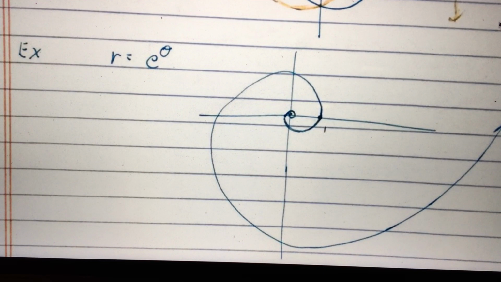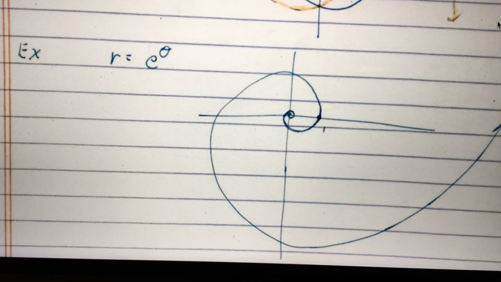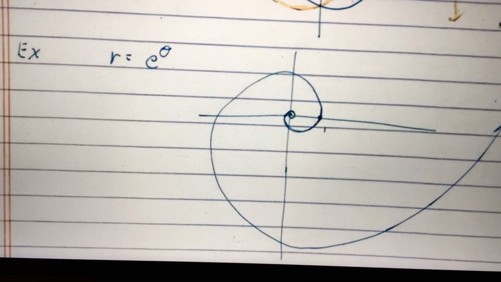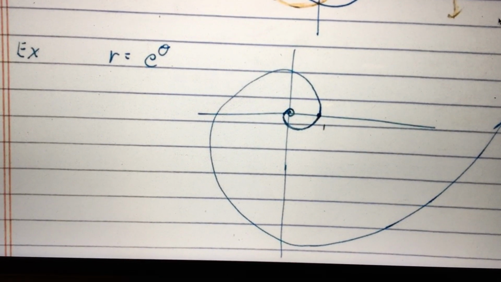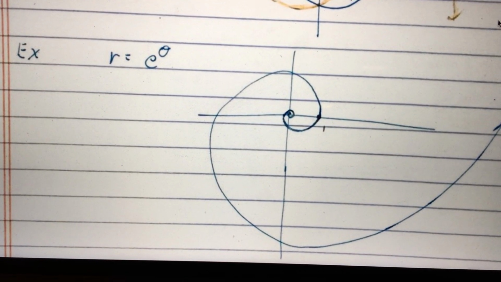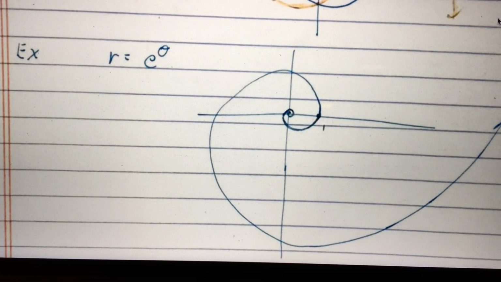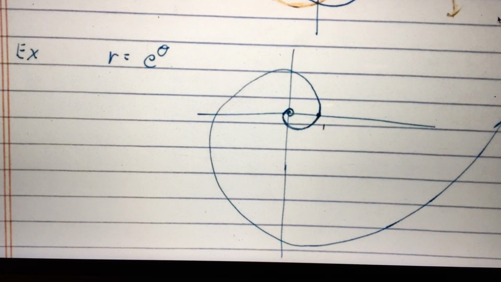But the thing about e to the theta is that it never hits 0, and it never goes negative because it's e to a number. So it just gets smaller and smaller and smaller. When you put in negative angles, you just get a very, very small radius, and it shrinks down very, very small.